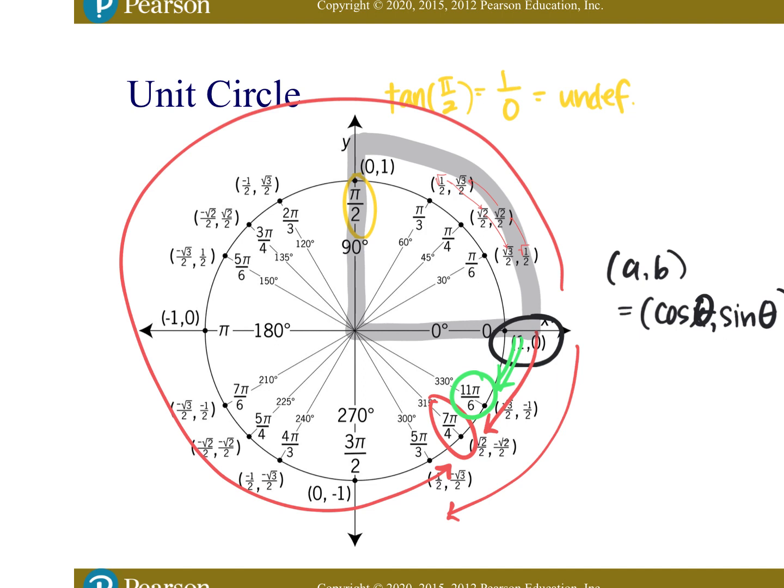There's only a certain section that works. Do you know which section on the unit circle this part of the arch represents? First quadrant. It's quadrant 1. And then this one is quadrant 2. This one is 3, and then this section is 4.